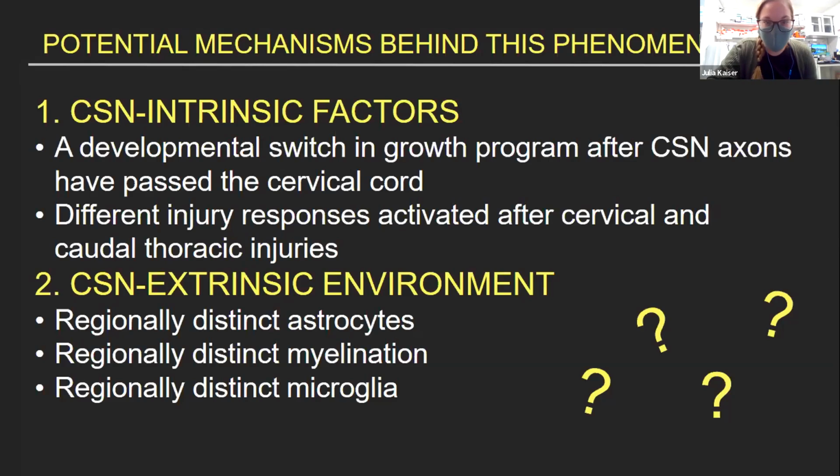To add to that, we don't think that CRIM1 is necessarily involved in the regeneration capacity of the developmental neurons. So I personally wouldn't expect any effect if we overexpress CRIM1 in the cervical projecting population and then injure.